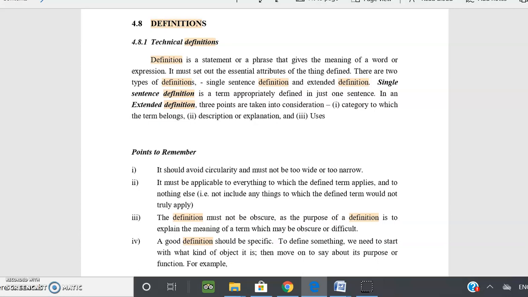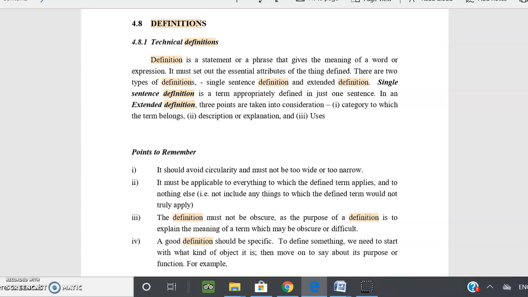Number two, don't give a roundabout way of explaining things. Be precise and very short, and try to give the definition only in a single sentence. Very important, you have to write only in a single sentence. What will you cover in it? What it is, why it is used, how it is used, and what it is made of.